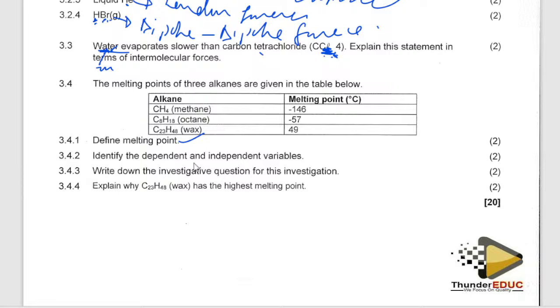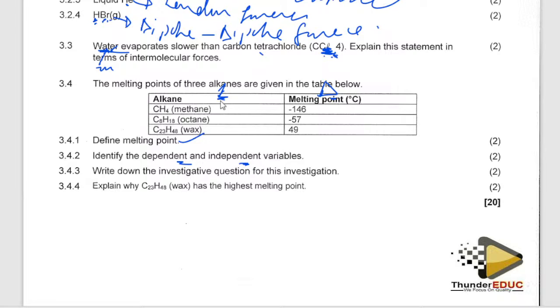Then they're asking to identify the independent variable and the dependent variable. The dependent variable is the melting point, meaning the temperature at which this substance is going to melt.